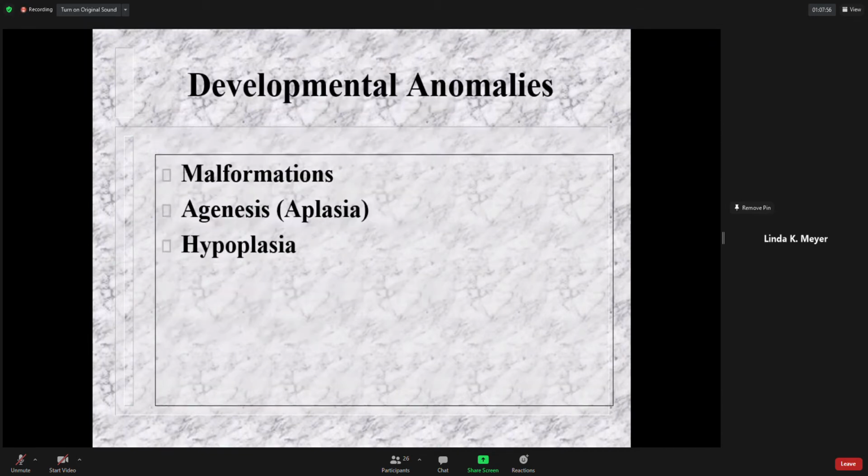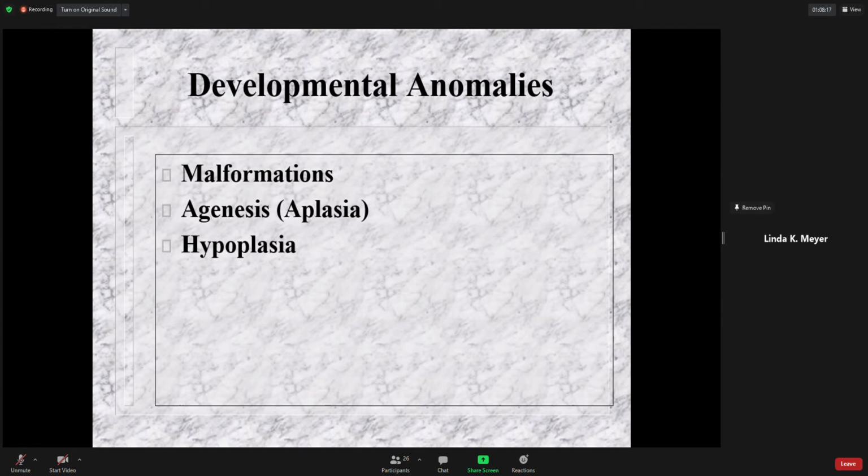Okay, let's look first at developmental anomalies. These occur during our development, and by natural causes, they're irreversible types of injuries.